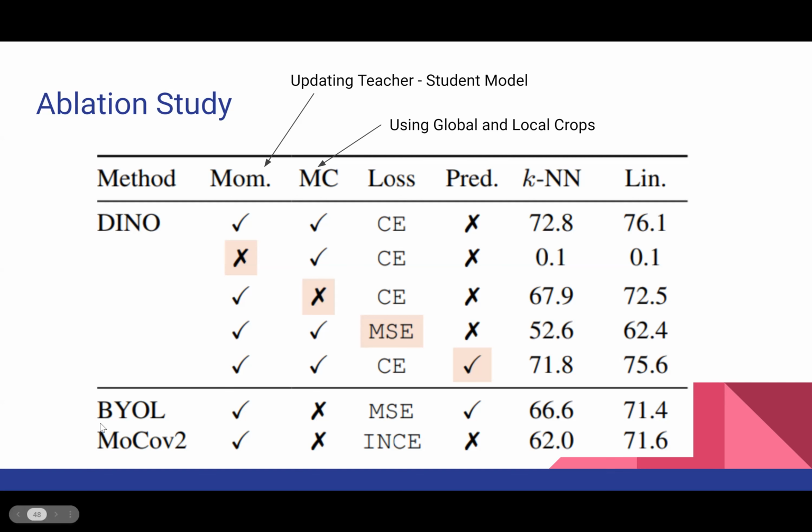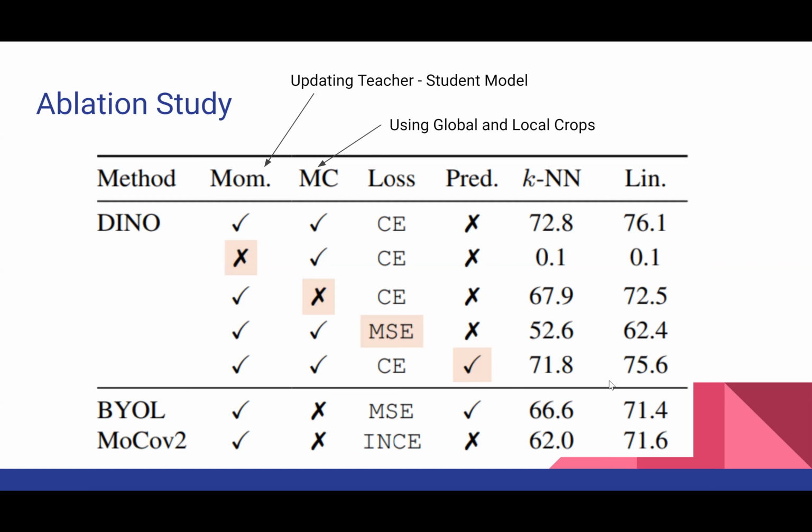Comparing that to different models, like BYOL, as explained by Jacob P. earlier, the difference is that it doesn't use multi-crops, but it uses a predictor on the student model. We can see the results are 5 points lower than the Dyno method. But an interesting thing is that if we remove the predictor, we get lower scores, whereas with Dyno, adding the predictor gave a lower score.